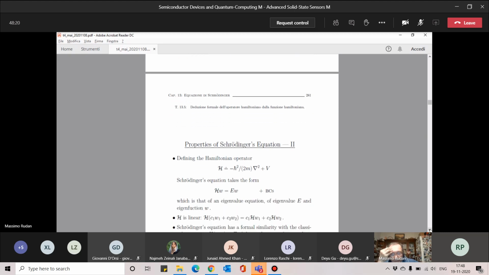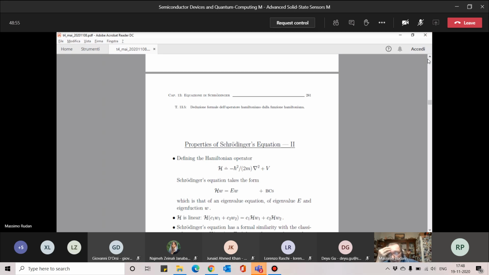For this equation, it is convenient to use a more compact notation. So we introduce an operator, and this operator is defined as, you see here, minus the reduced Planck constant squared divided by 2m times the Laplacian plus V. Of course, the Laplacian is an operator.